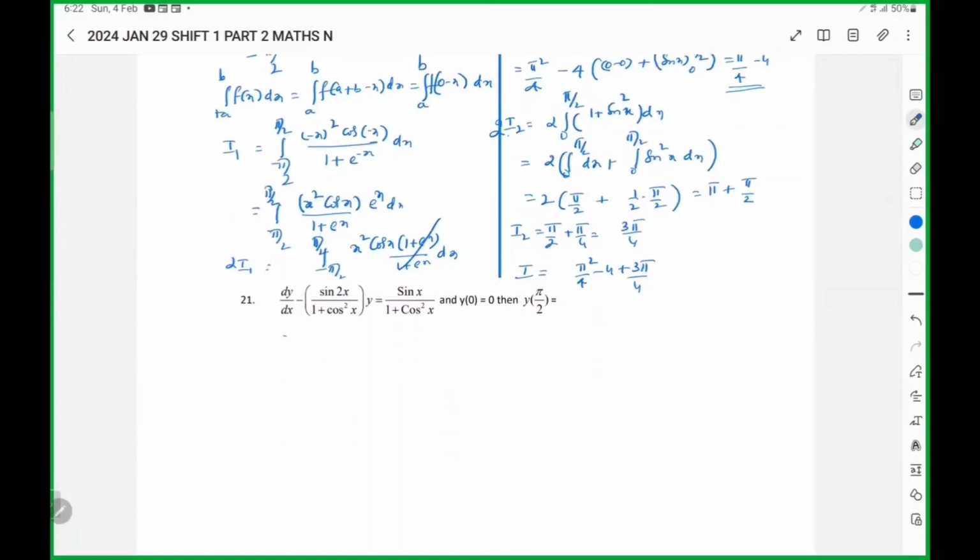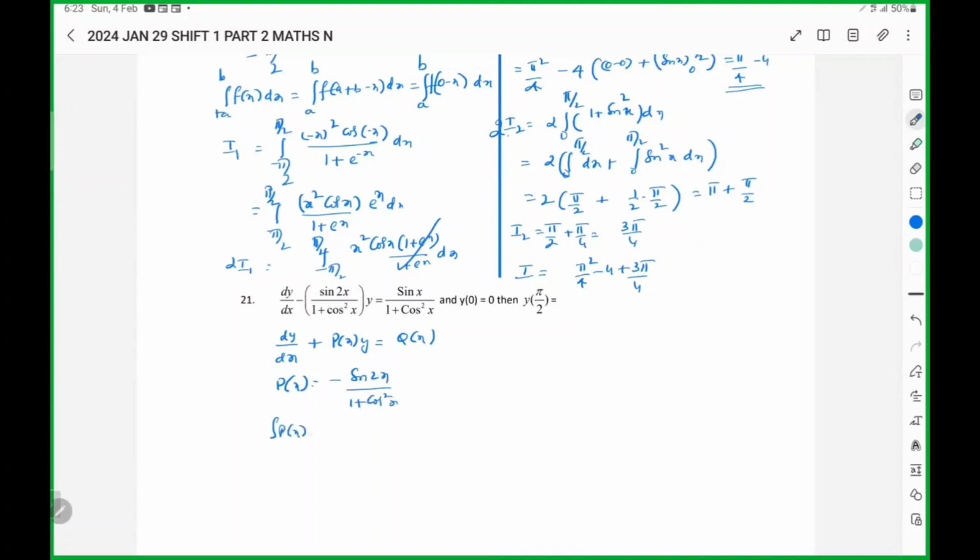Here, it's a linear differential equation type. So here P of x is minus sine 2x by 1 plus cos square x.